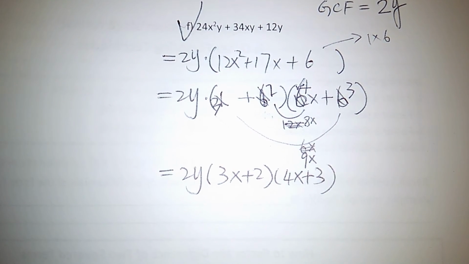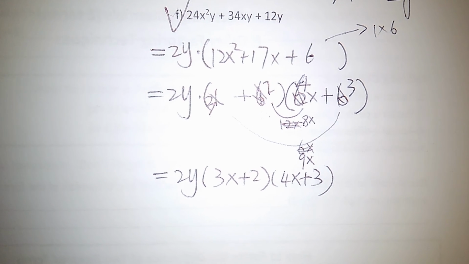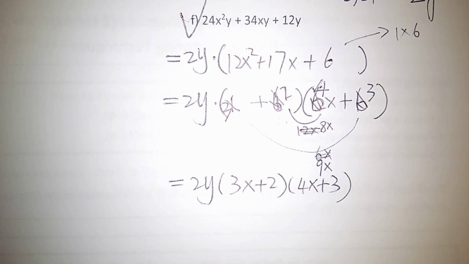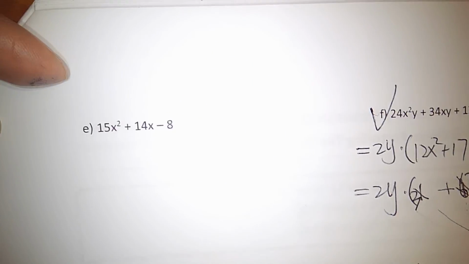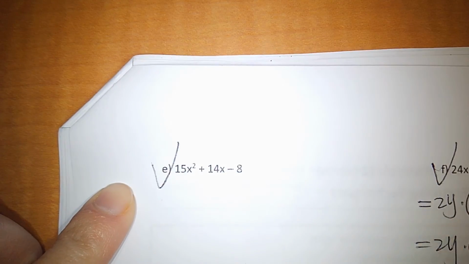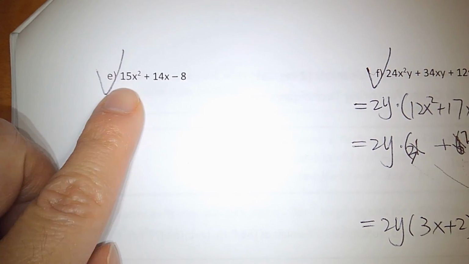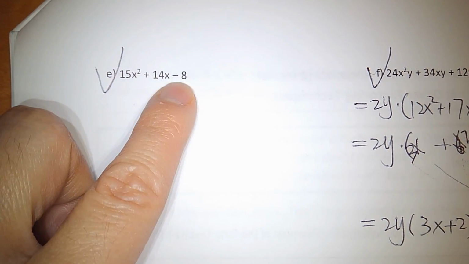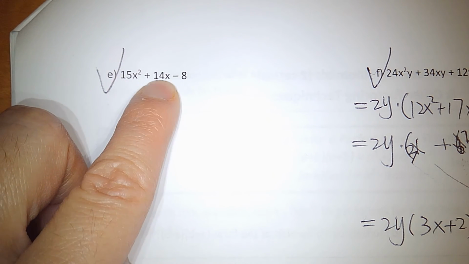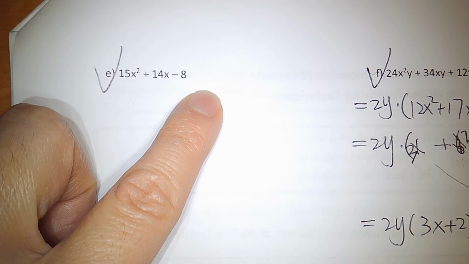Let's try one more, okay? We'll have to try a lot in order to be able to do it. Okay, how about number E? I'll give you a couple minutes to think about it. Do we have any GCF? No GCF.